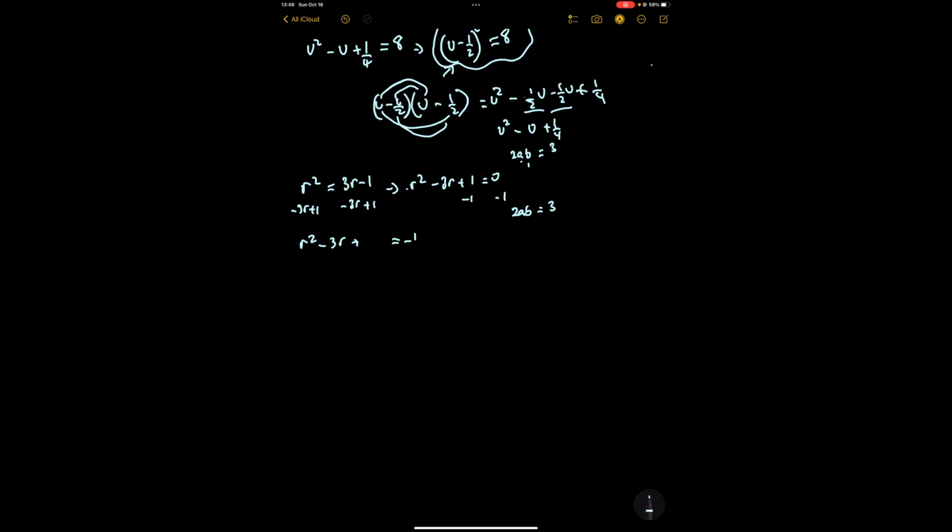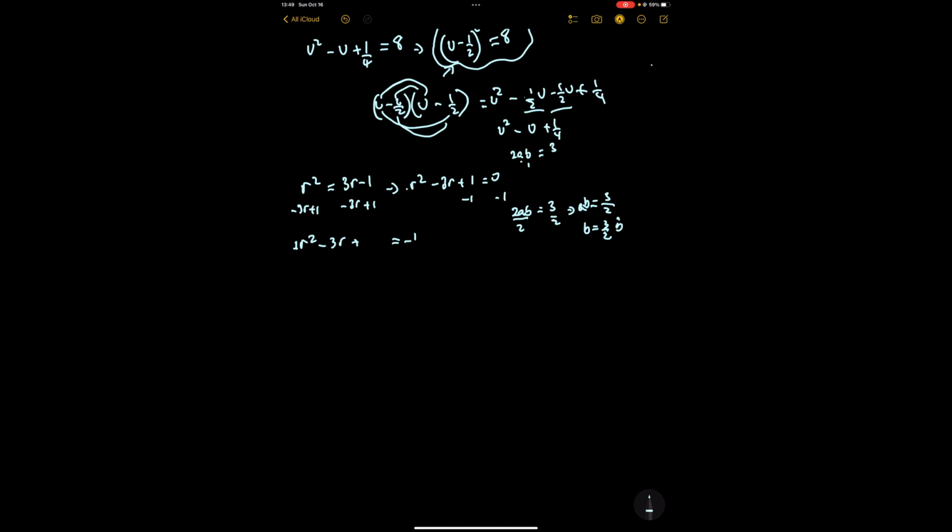So if we divide both sides by 2, we're going to have ab equals 3 halves. Well, we know that a is equal to 1, so that means b equals 3 halves.